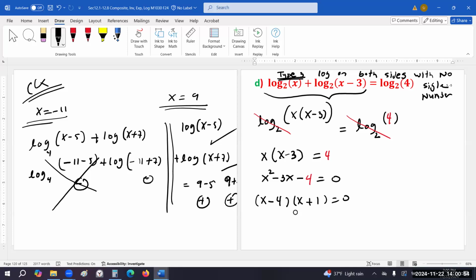So it works. So we have x minus 4 equals 0, x plus 1 equals 0. x is 4, x is negative 1.